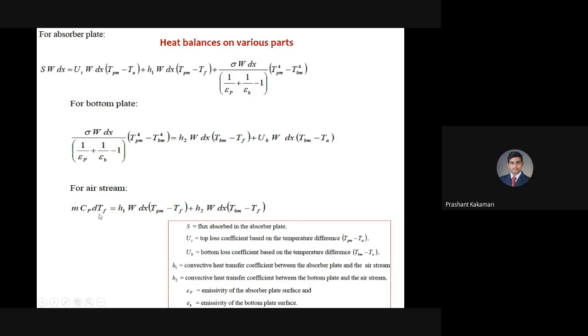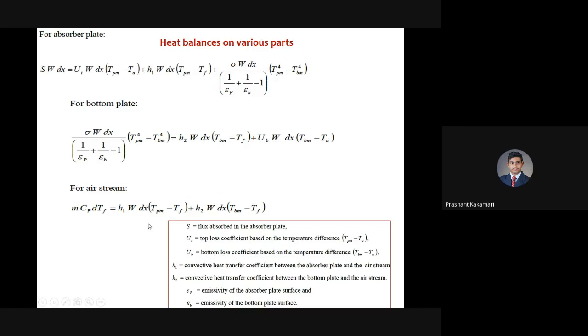We have taken dTf for the small strip equal to, now, where is the air going to lose the heat? First, the air is actually not losing heat, but if the air temperature is higher and the solar radiation suddenly falls because of diffuse radiation or some other radiations, there may be some losses. In such conditions, I can go for the losses with respect to either it can lose heat to the bottom plate, or it can lose heat to the top plate.